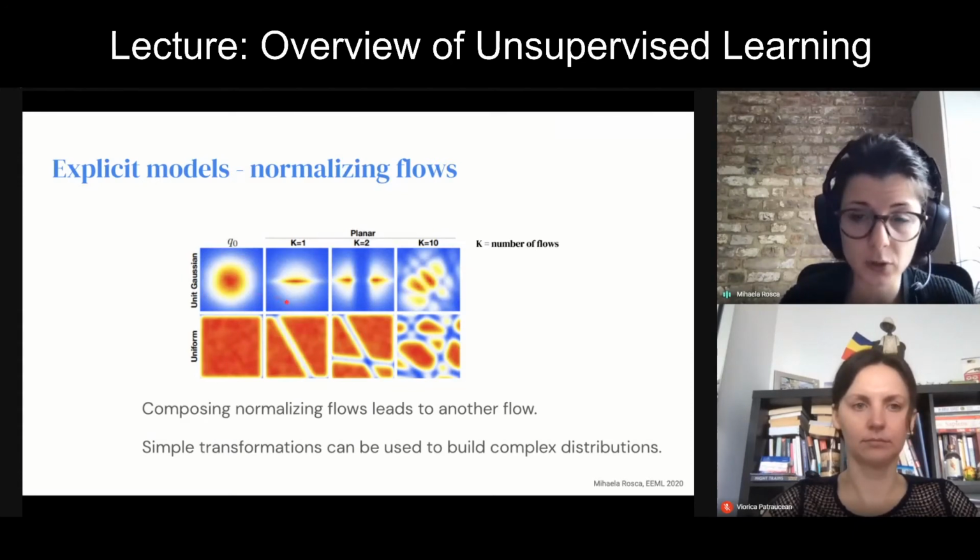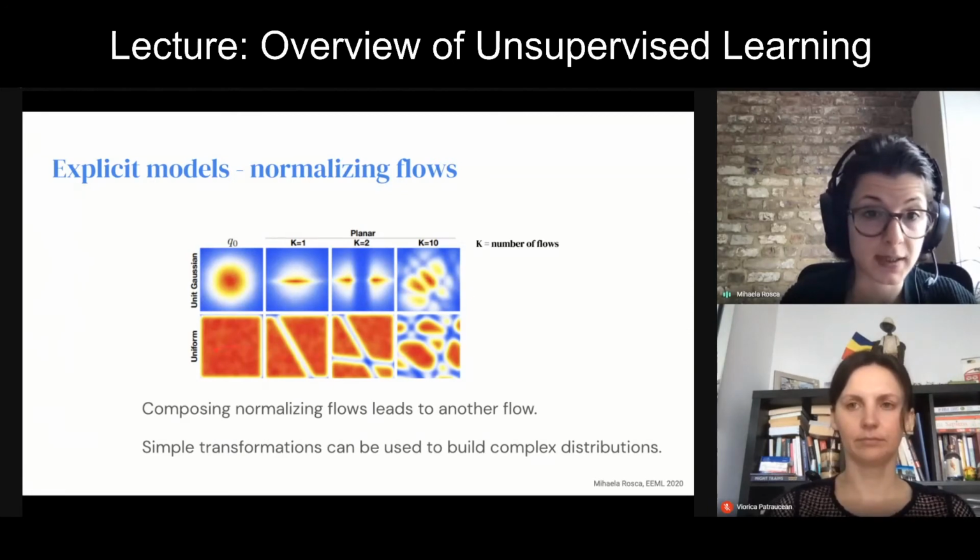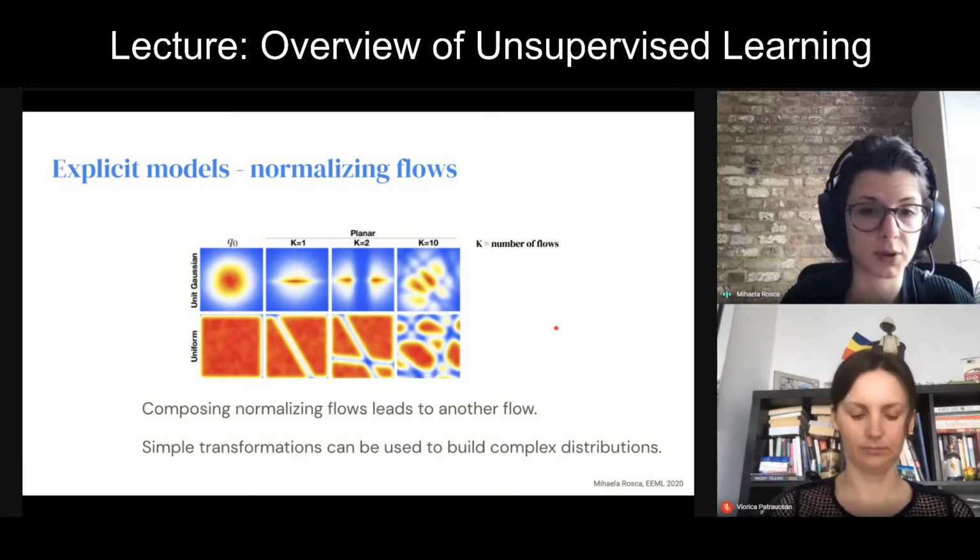If we transform it using a simple planar flow, well, the mass has changed a bit. If I stack 10 flows, now I have a very multimodal distribution. It has some mass here, it has some mass here, some here. That's quite powerful. Now, the same if I start with a uniform distribution. If I keep transforming that, I get very, very powerful distributions.